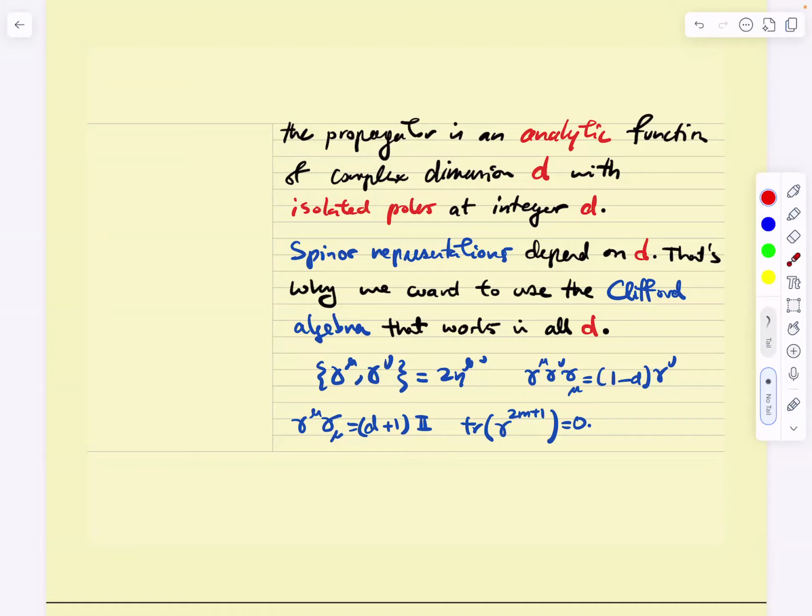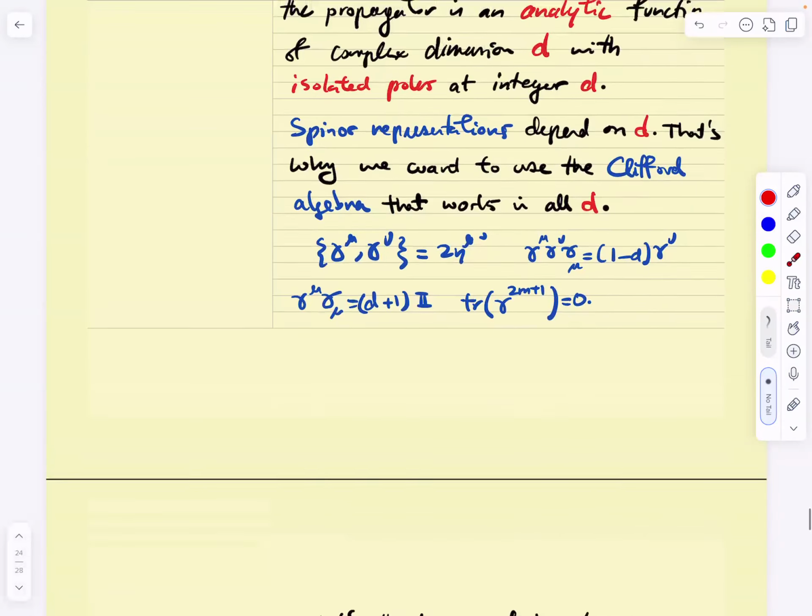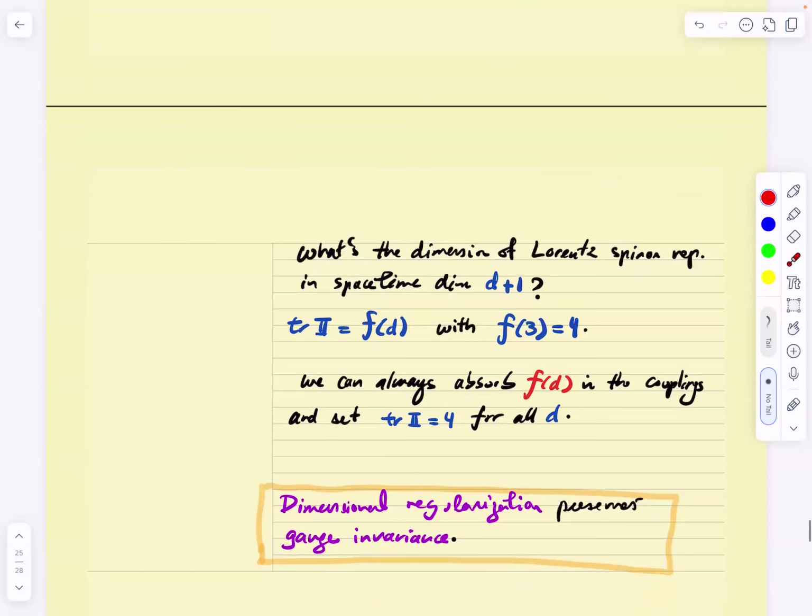The gamma of 2m plus 1 in odd dimension, gamma 5, is the one that's traceless. Sorry, I misspoke. All right. That's how we deal with Lorentz and Dirac indices. There's only one thing you need to be careful with: the trace of the identity. It turns out you could just take it to be some arbitrary function of D and it won't matter.